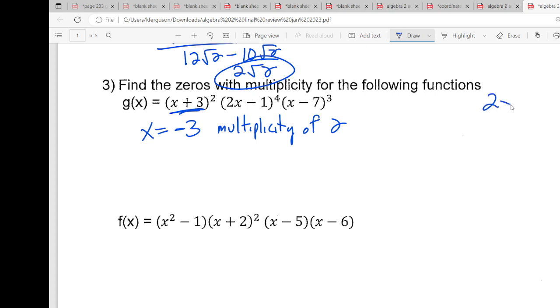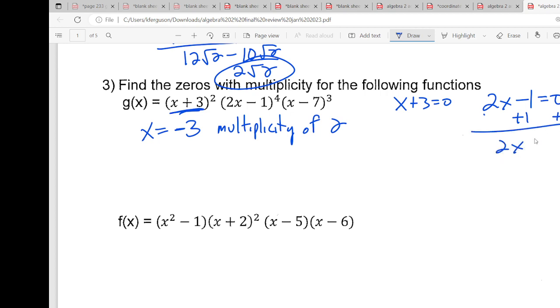2x minus 1. I want to know what value of x makes that 0. So right here, it was pretty easy to see x plus 3 equals 0. Okay, x is minus 3. It might not be that easy to see here. So what I'm going to do is just write this equation out and solve it, by setting it equal to 0. So first I add 1 to both sides.